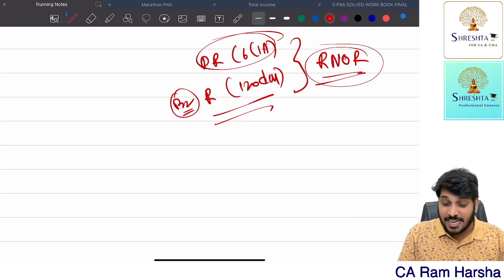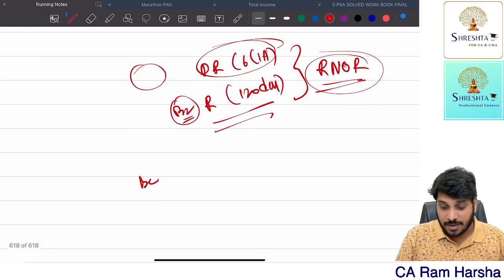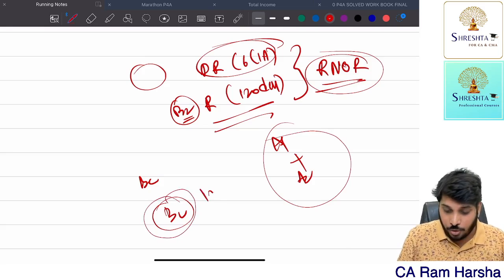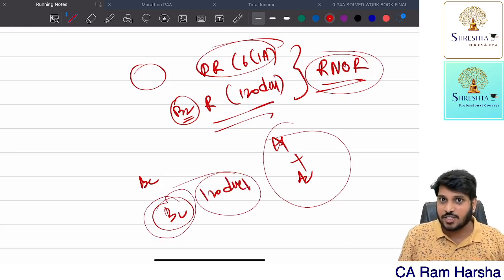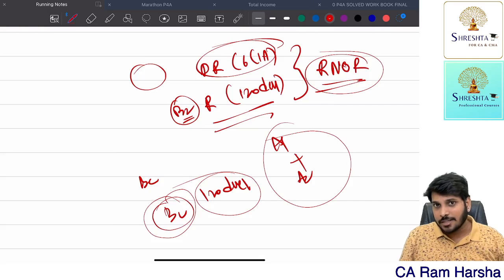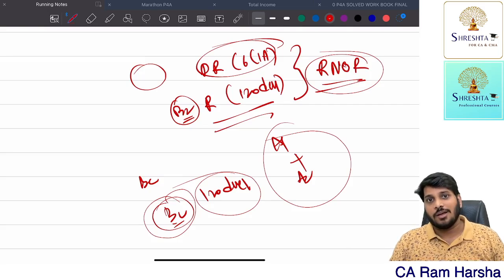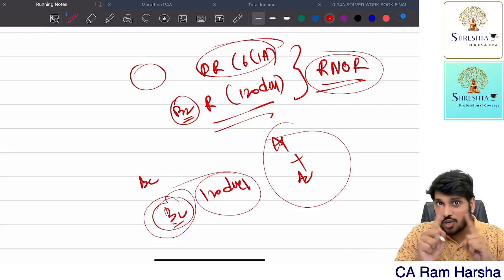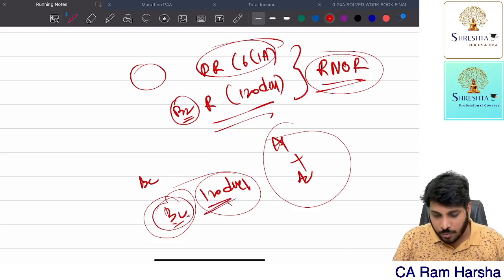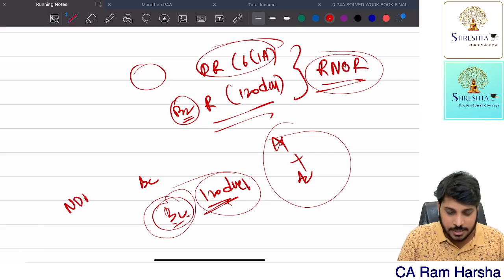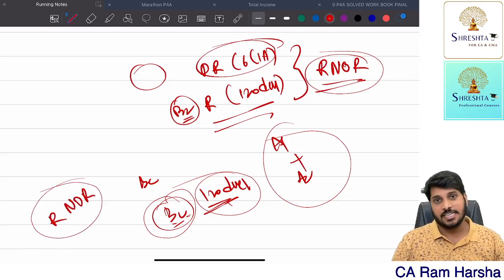Suppose if a person satisfies condition B2, A1 and A2, all are satisfied. In B2, 120 days logic only satisfied. The person is 15 lakhs or more. Because of that only B2 is satisfied, not 182 logic. 120 days logic. Then he is a resident but not ordinarily resident.